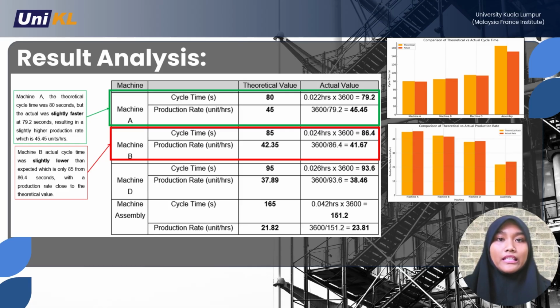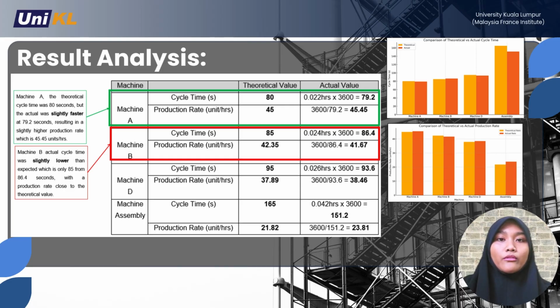However, we can see here that the assembly machine showed the most significant difference because the actual cycle time was 151.2 seconds compared to the theoretical one, which is 165 seconds, which means that it actually performed faster than expected.